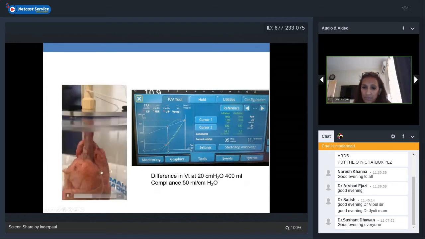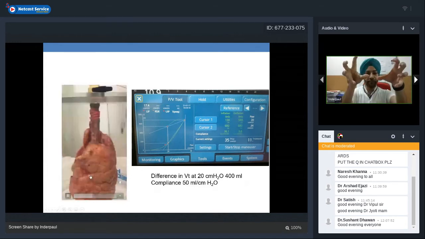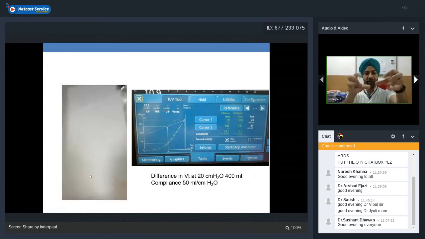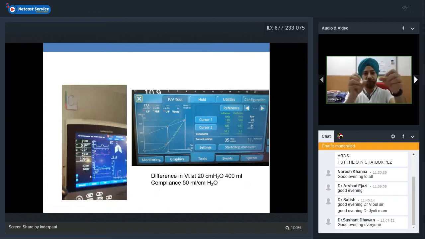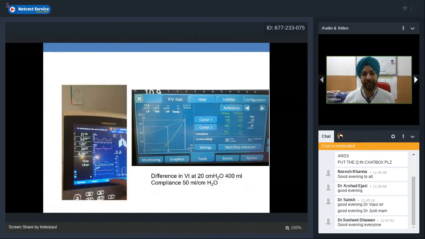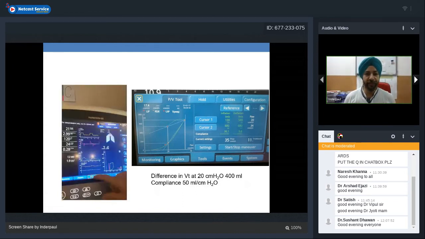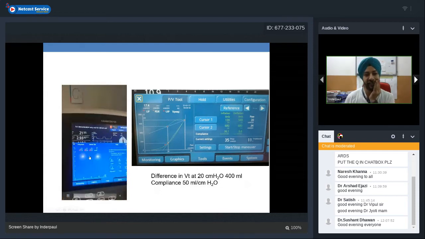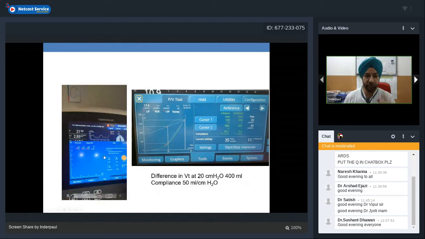So look at this. Now this is a small lung which is collapsed and it is ventilating at a low tidal volume, and we are trying to see whether recruitment is going to really help. So how do you do recruitment? This is using a specialized mode of ventilation which is there with Hamilton, may not be there with all.